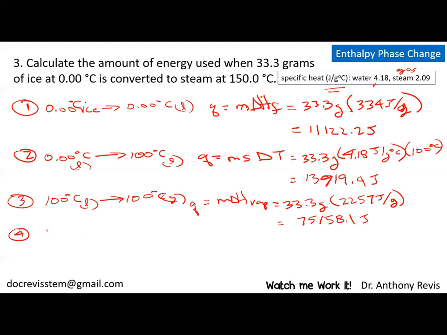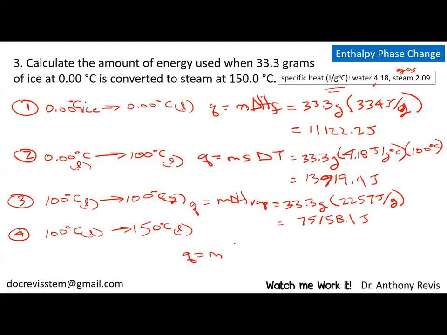Okay. So we got to go here. Now we have to go from 100 degrees C liquid to 150 degrees C liquid. So that's a temperature change, not a phase change. So the way you can know which formula to use: if it's a temperature change, you use a temperature change formula. If it's a phase change, use a phase change formula. That's how we know which one to use. Okay. All right. Don't overthink it.